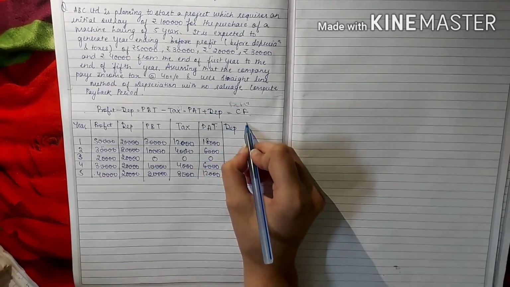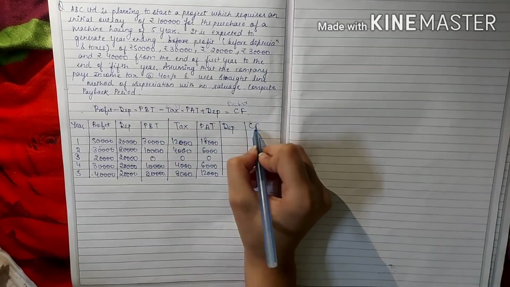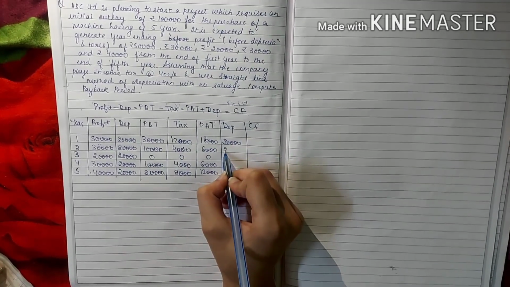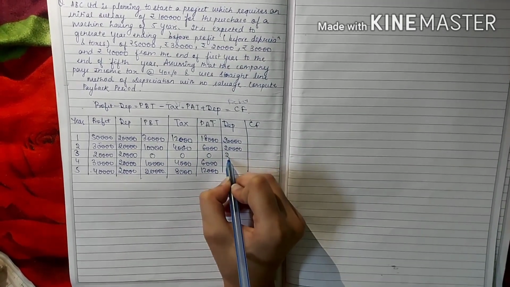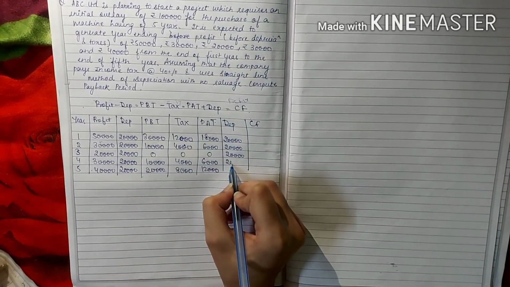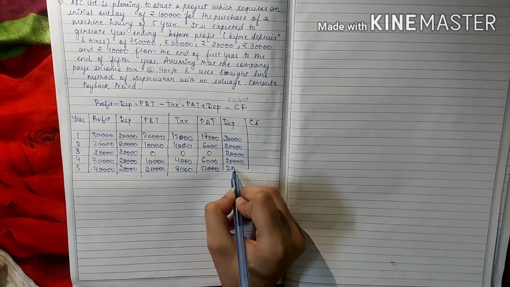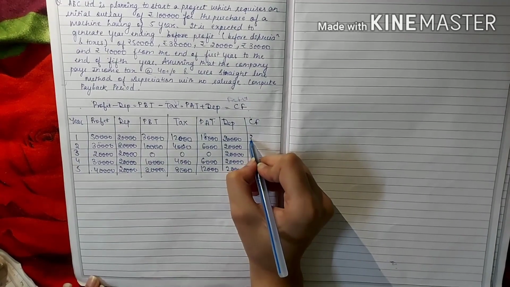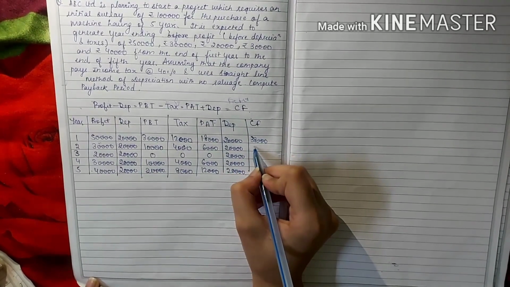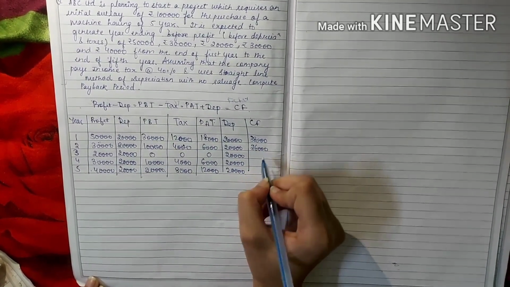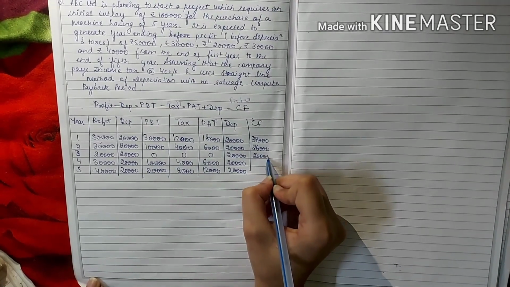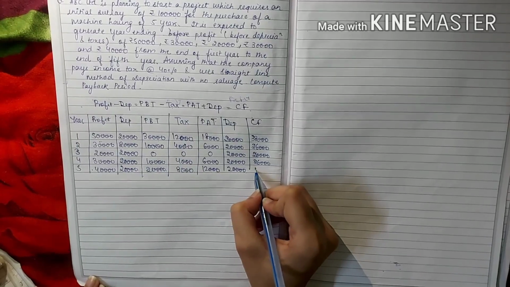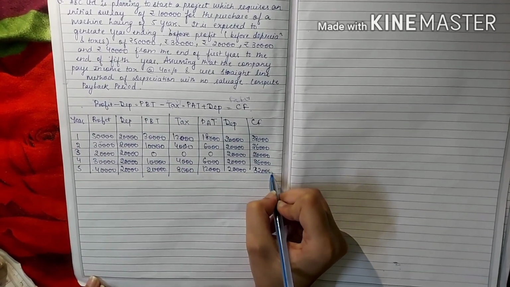Adding depreciation back to it, we will get cash flow. Depreciation was 20,000 for all the 5 years. Cash flow will be 38,000 for the first year, 26,000 for the second, 20,000 for the third, 26,000 for the fourth year and 32,000 for the fifth year.